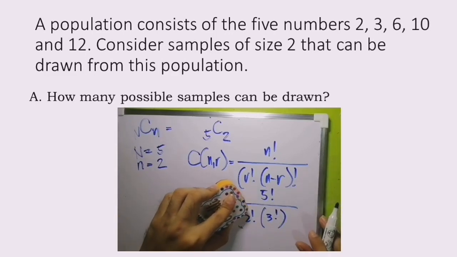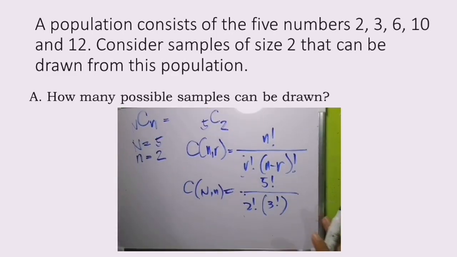So atong i-simplify, this is 5 factorial divided by 2 factorial times 3 factorial. So this is 120 divided by 12. So ang atong answer is 10. So sa ato pa, there are 10 possible samples to be drawn.